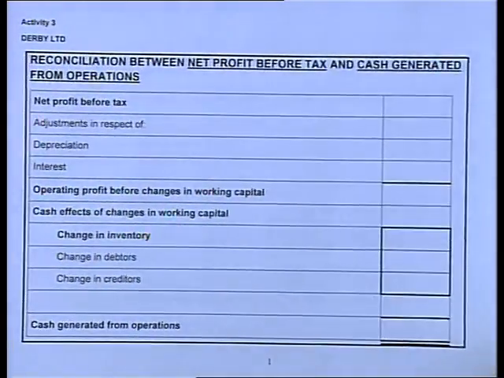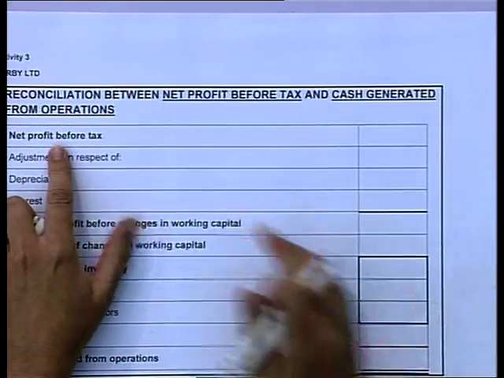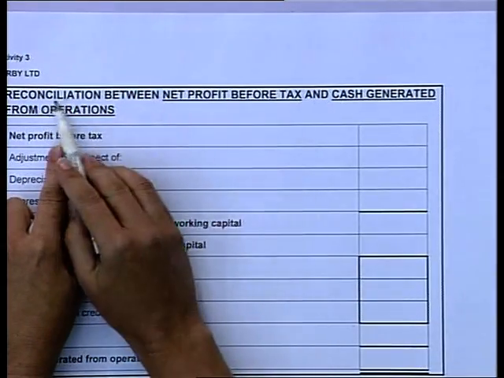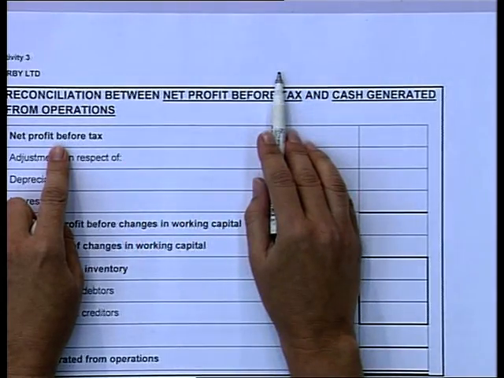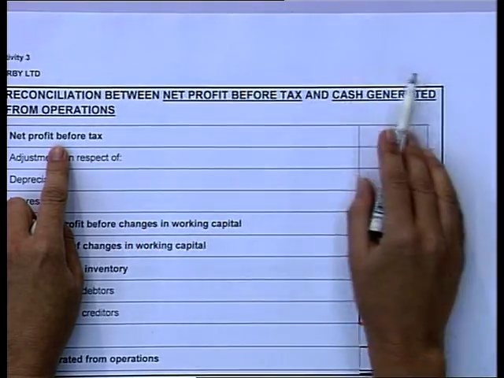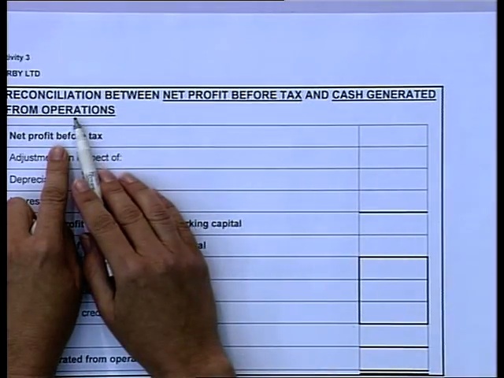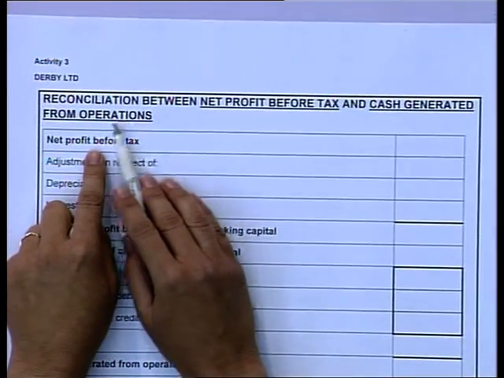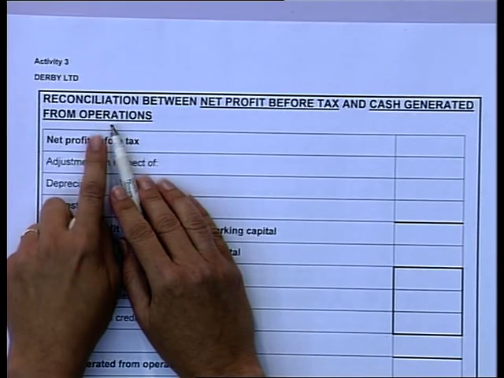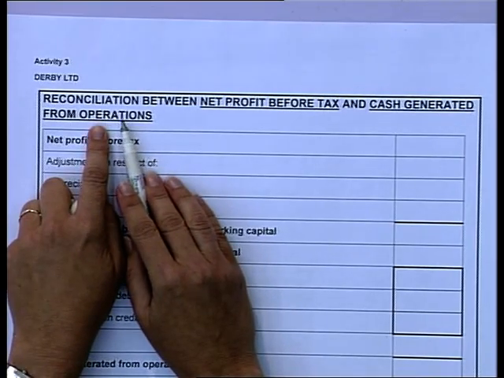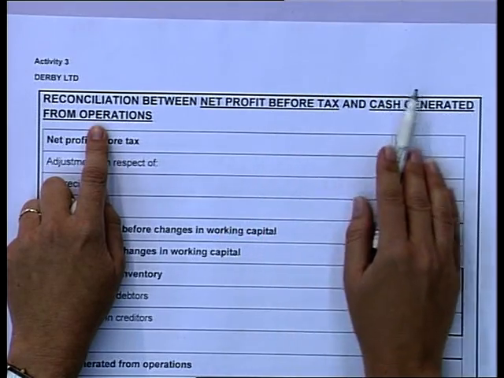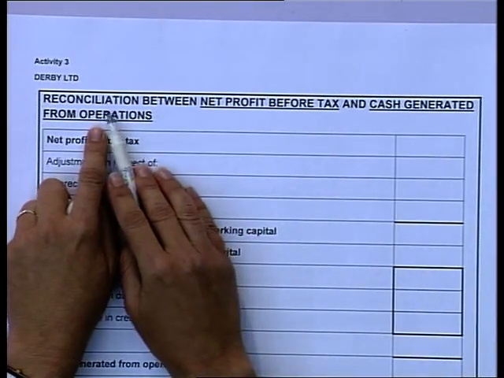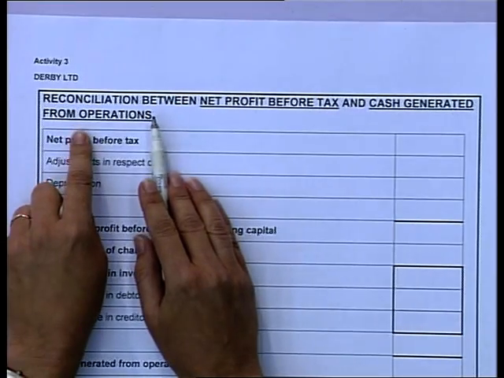So I go to the previous page in your workbook, and you see this one says, let's reconcile the net profit from making pies and the cash that we generated from making pies. Okay, I'm going to say that again. This note is going to try and reconcile net profit and cash generated from the thing that my business does best.